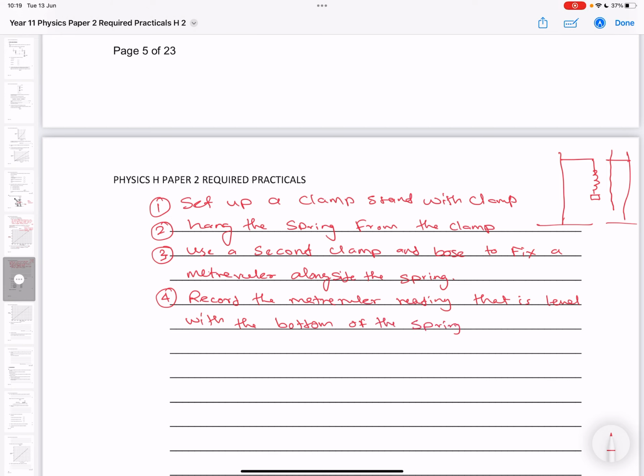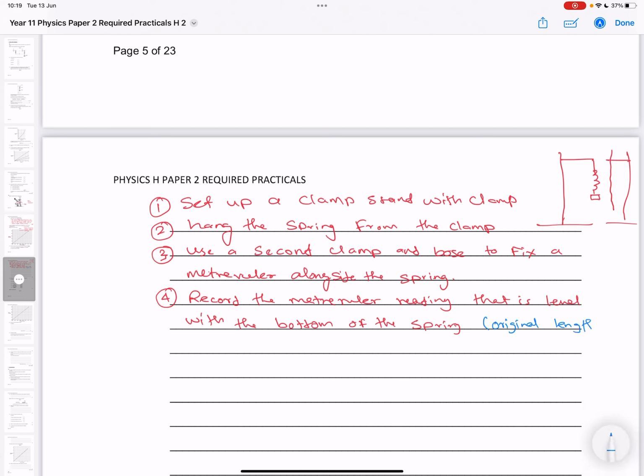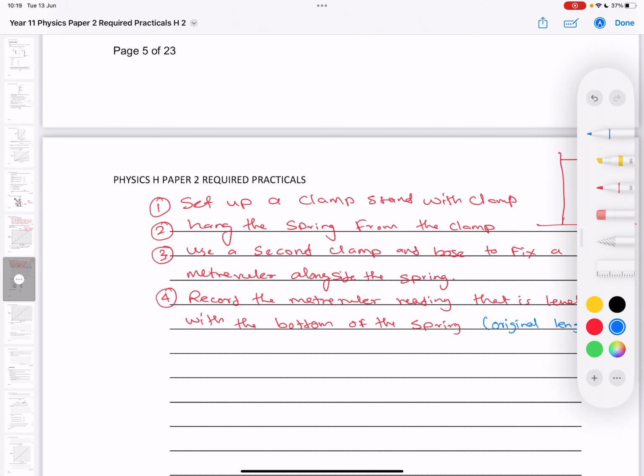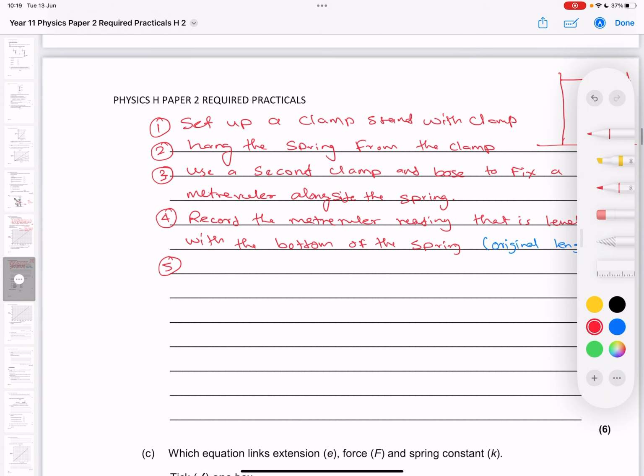That is going to be our original length. And then after that, you're going to hang a 1 Newton mass on it. First, let's start with 1 Newton. Hang 1 Newton weight from the bottom of the spring.